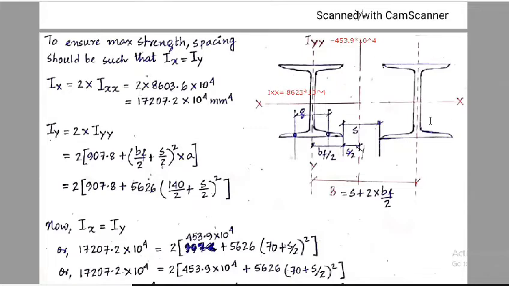So twice the moment of inertia of one I-beam will give us the moment of inertia for the entire built-up column. Now that is equal to how much? That is equal to 17207.2 into 10 to the power 4 millimeter to the power 4. Now, I've written this value wrong. It is going to be 8603.6.